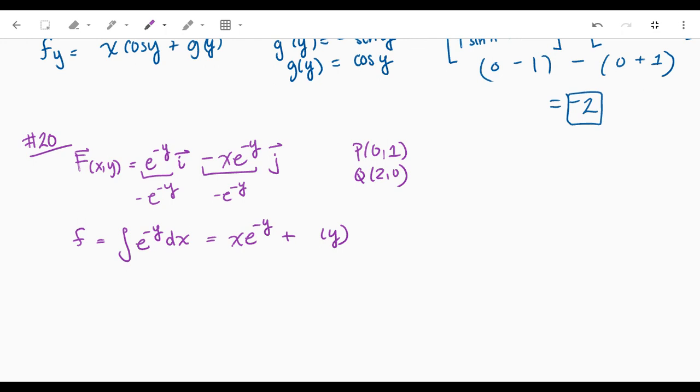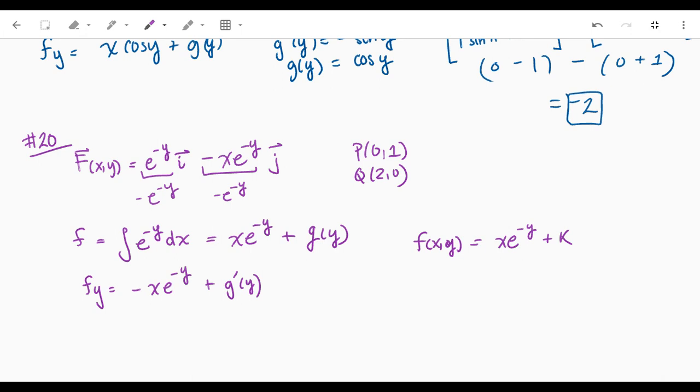Okay, and if that is f, then the partial derivative with respect to y would be negative x e to the negative y plus g prime of y. So we can see again that g prime of y would be 0. Okay, so f of (x, y) is x e to the negative y plus some constant.